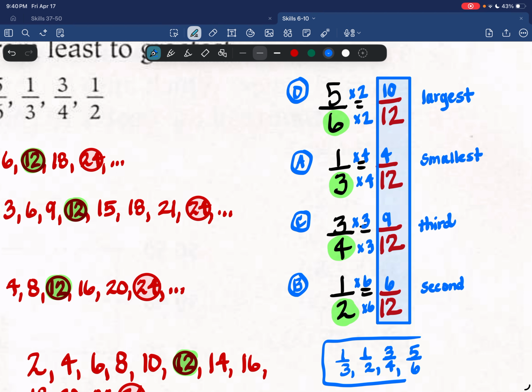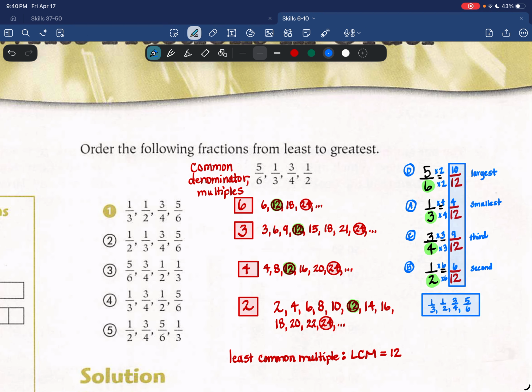So this is the sequence we're looking for. And sure enough, that is what they have marked as the first option.